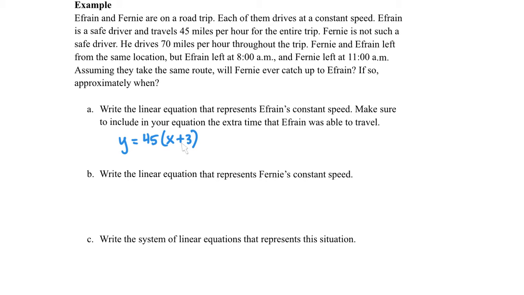So we're going to add a plus 3 onto his, which, when I expand this out and distribute the 45, I actually get 45x plus 135. Fernie travels 70 miles per hour, so his is just 70x, and he didn't get extra time, so he doesn't get to have this plus on the inside of the parentheses.